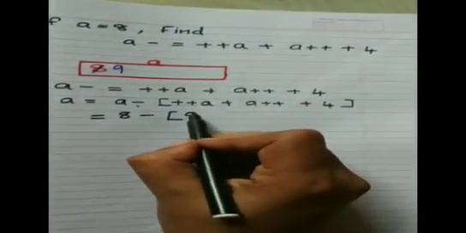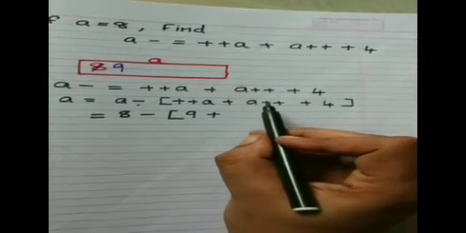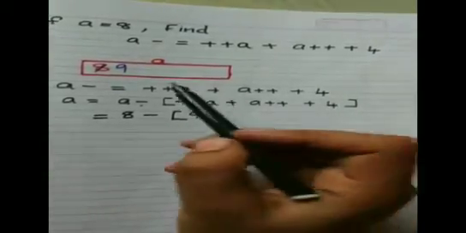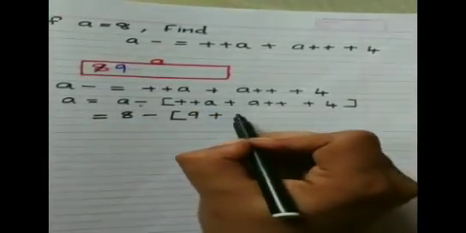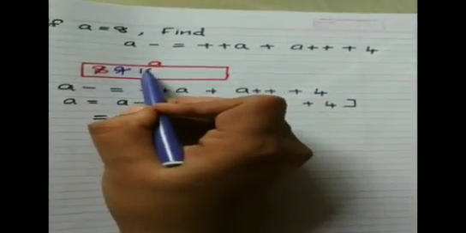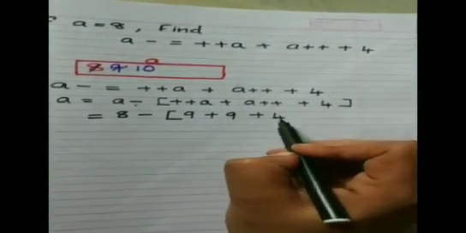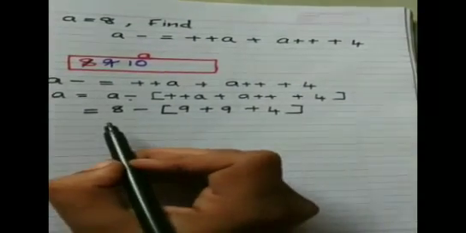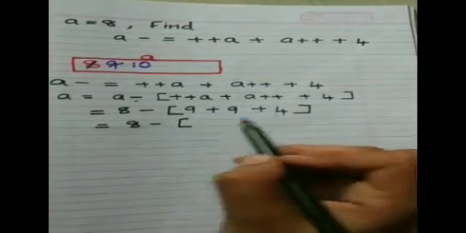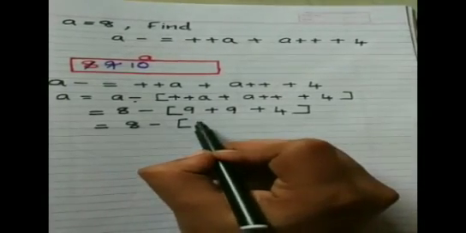So 9 plus A++ is a postfix. So you have to take the value then change. So I'm taking the value 9, as well as you have to change the value to 10, plus 4, is equal to 8 minus, your 9 plus 9 plus 4 is equal to 22.